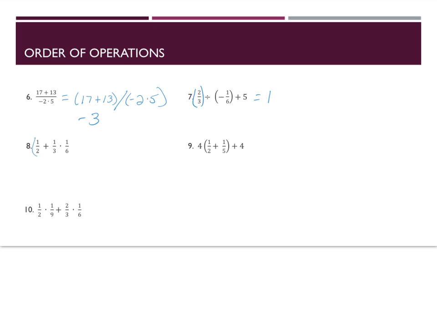On number 8, again, I should enclose all my fractions within parentheses just to be on the safe side. Some operations are fine without using the parentheses. Some, if I don't have the parentheses, the calculator will read what I've typed totally wrong.